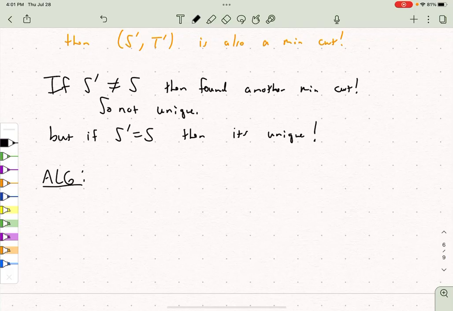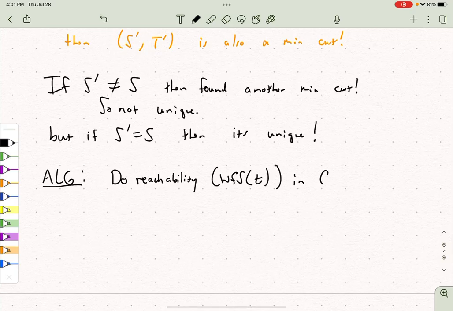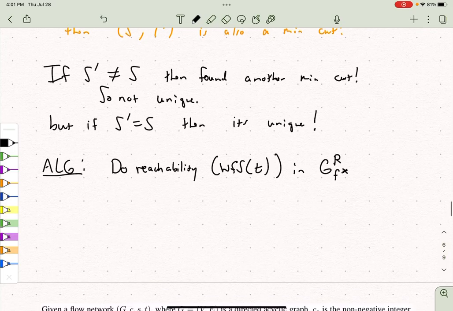So what's the algorithm? Well, assuming we're given F star, all we have to do is do reachability, i.e. whatever first search, of T in the reverse graph, the reverse residual graph. We also have to compute the reverse residual graph, but that's not going to be too hard.